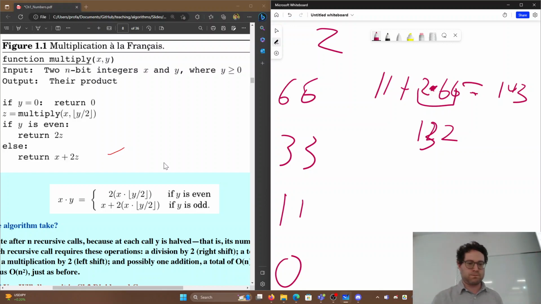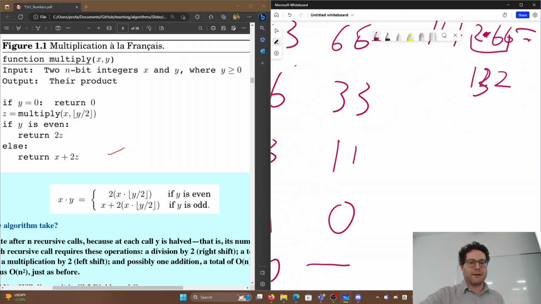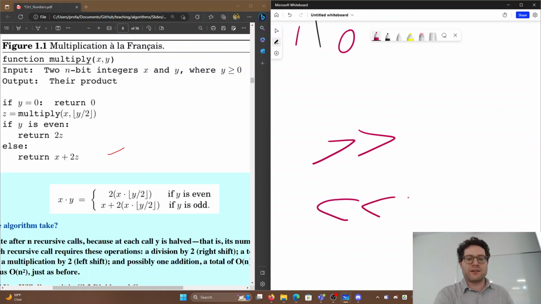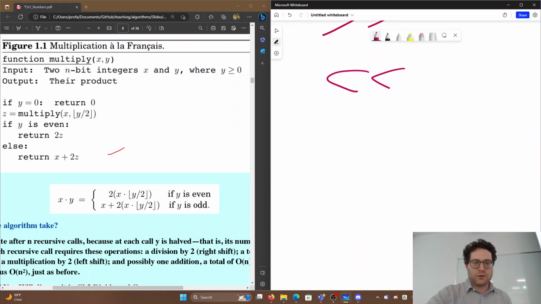This is actually pretty nice to implement in programming, because you can use the bit shift operation. Bit shifting allows you to multiply or divide by 2 fairly easily just by moving the bits to the left or to the right. I can turn this number, which is in binary, that is 1, 2, 4, 8.